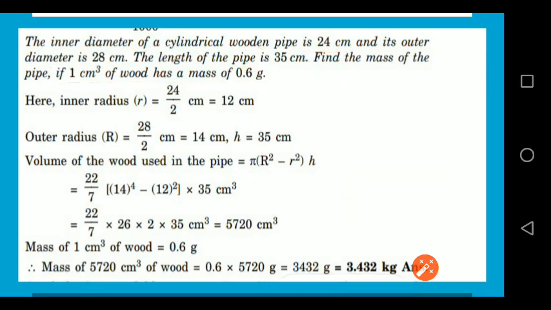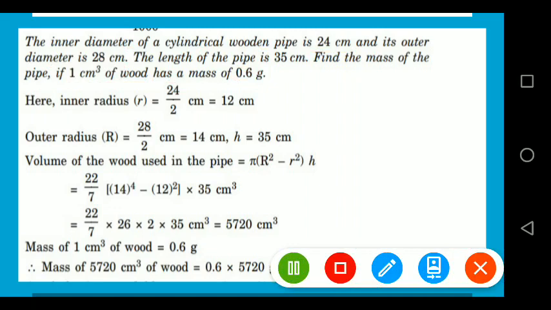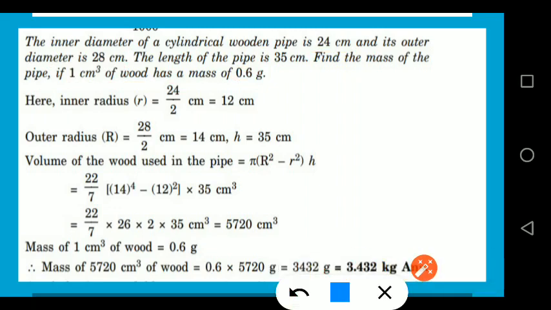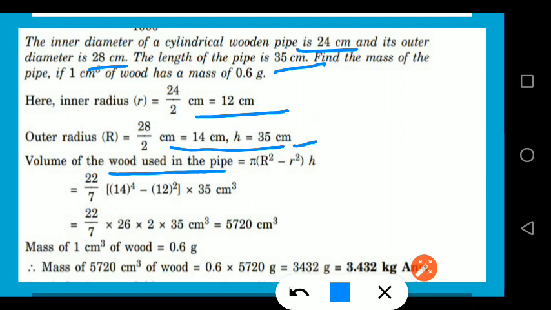For that, what do we need? We need the radius. The diameter is 24, so the radius will become 12. This diameter is 28, the radius will become 14, and the height is given as 35. So the volume of wood, as we discussed, is the volume of the outer cylinder minus the volume of the inner cylinder.